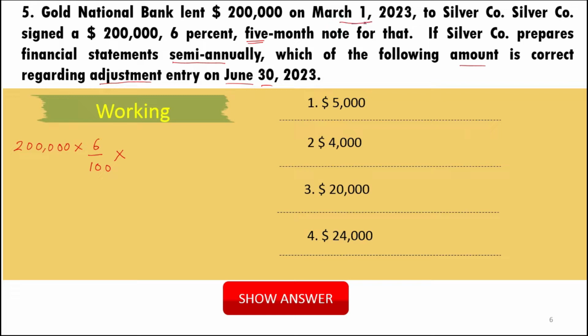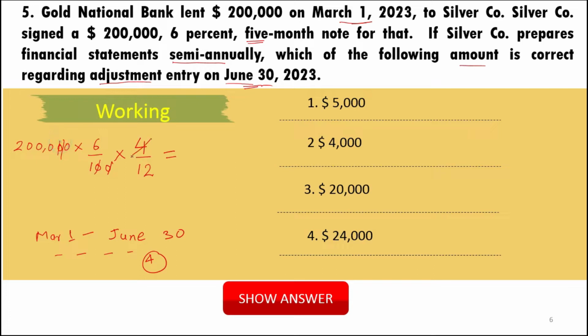From March 1 to June 30, it becomes March, April, May, June, that is 4 months. So 4 months of interest will be taken here for the adjusting entry.